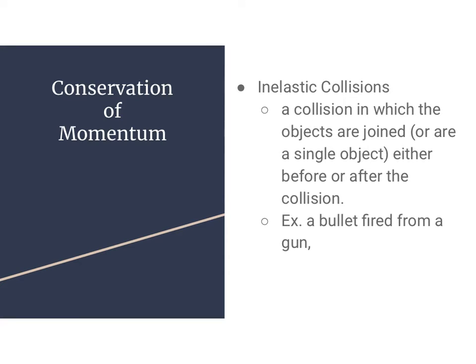Or something exploding. Anytime something explodes and you have multiple pieces flying apart in different directions, that's another example of an inelastic collision from a conservation of momentum standpoint. Obviously, it's not two things colliding, but we treat it as an inelastic collision when we talk about it in terms of momentum.